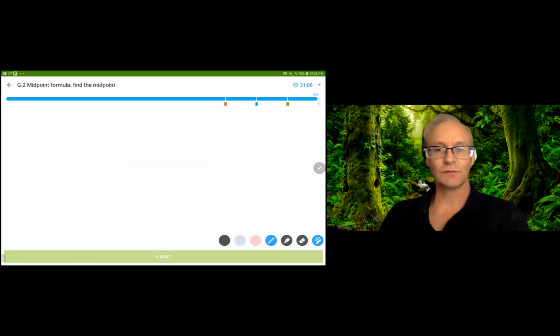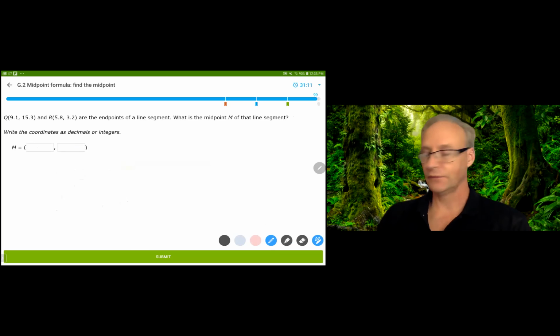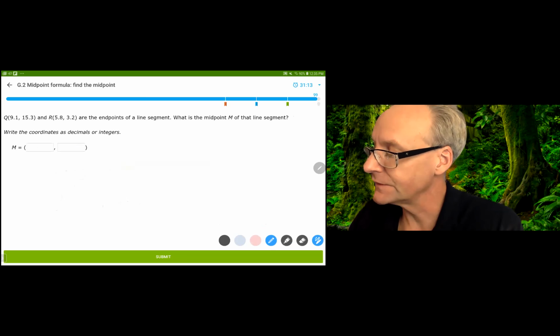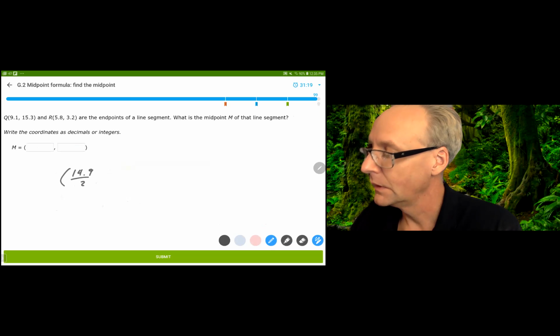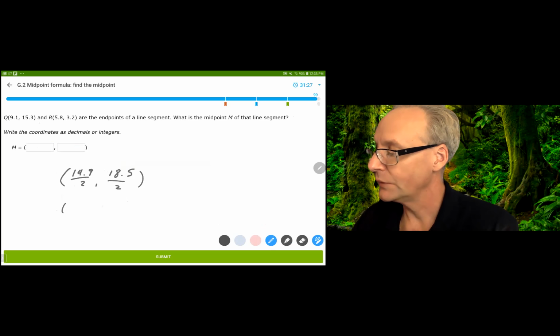And we have our last one. And I'm going to do the last one very carefully just to make sure I don't make any silly errors. It looks like we're looking at 14.9 over 2 and 18.5 over 2. And 14.9 divided by 2 gives you 7.45.